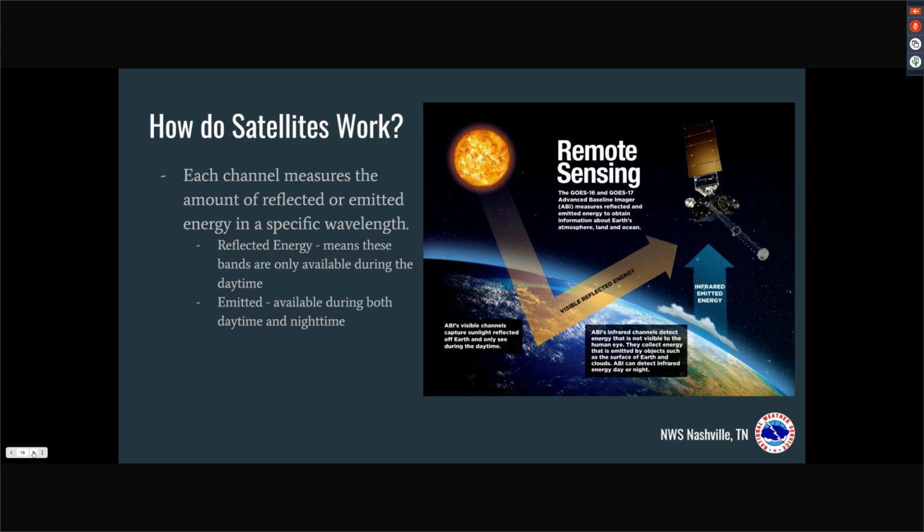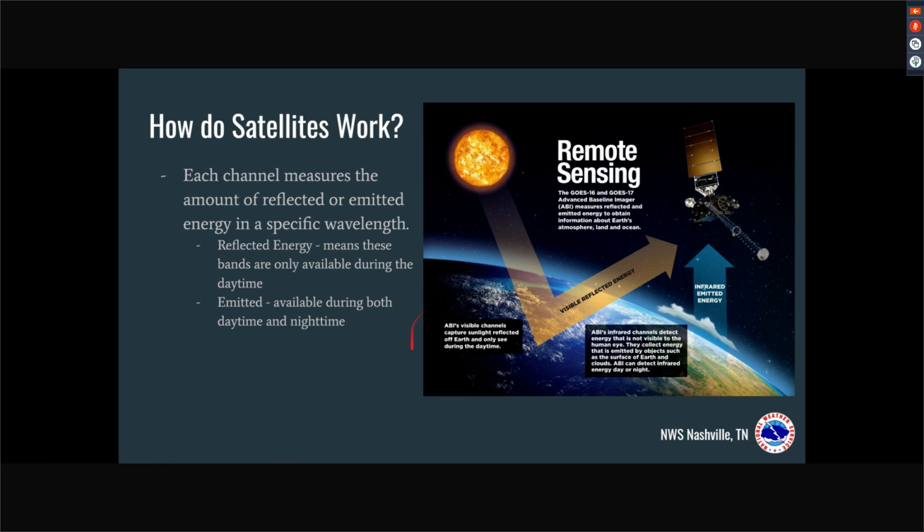That's how it is with the visible spectrum for some of the channels on our satellite. So reflected energy means that those bands are only available during the daytime. Whereas emitted energy is where the energy is being given off, and it can be related to temperature, but those are in the infrared spectrum. And since it's emitted energy, it's available during both the daytime and the nighttime.